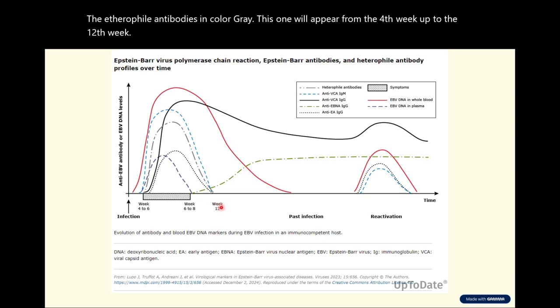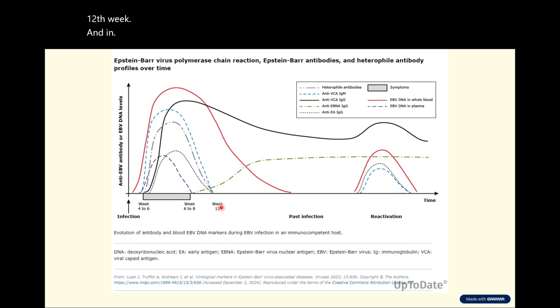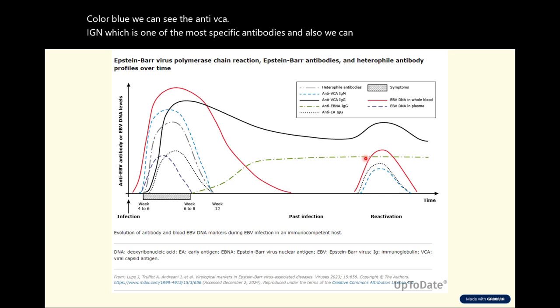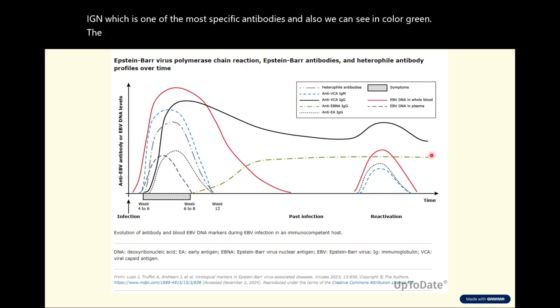And in color blue, we can see the anti-VCA IgM, which is one of the most specific antibodies. And also we can see in color green the anti-EBNA, which is the nuclear IgG antibody, which is not specific, that will start around 6 weeks.